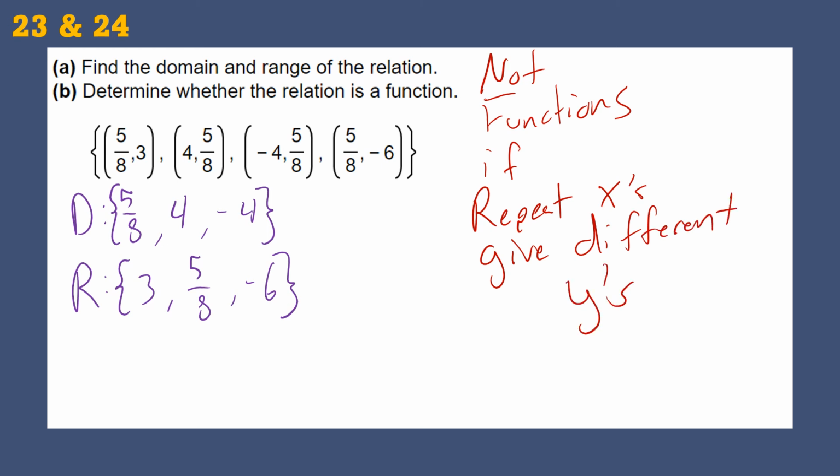So let's take a look at our repeat x's. Now I'm not looking at my repeat y's, I'm looking at my repeat x's. So we said that 5/8 was here twice. When you look at 5/8, the first time 5/8 was paired up with a 3. So if it was a function, every time I see 5/8, it should be paired up with a 3. But this time, it was paired up with a -6. So this is not a function.